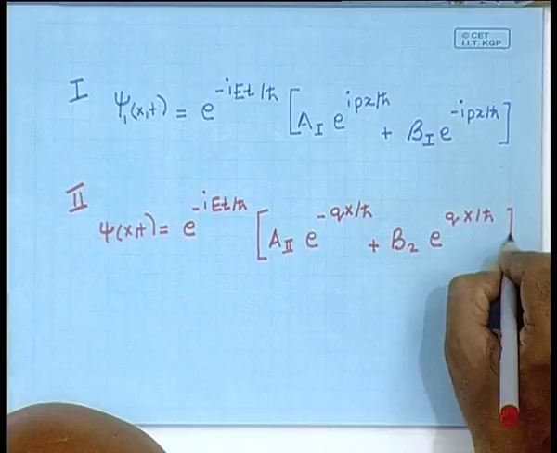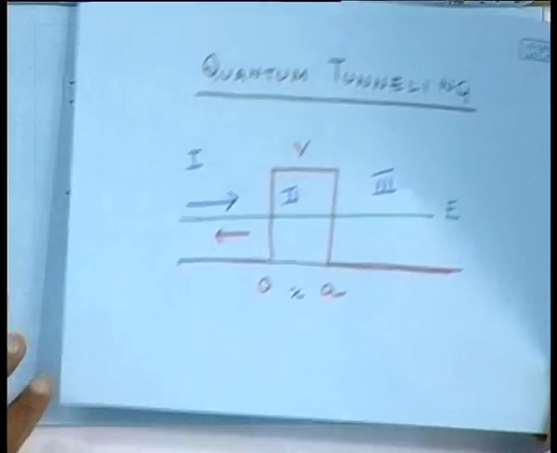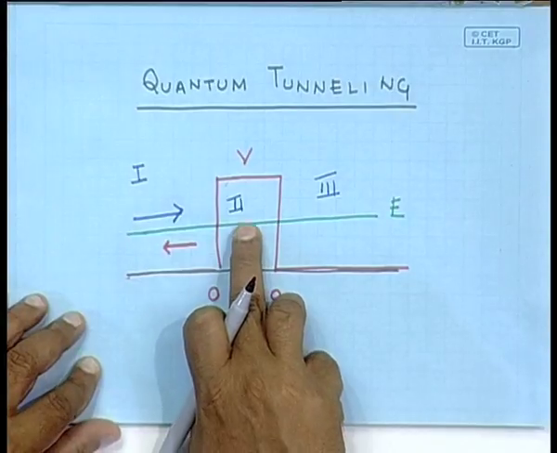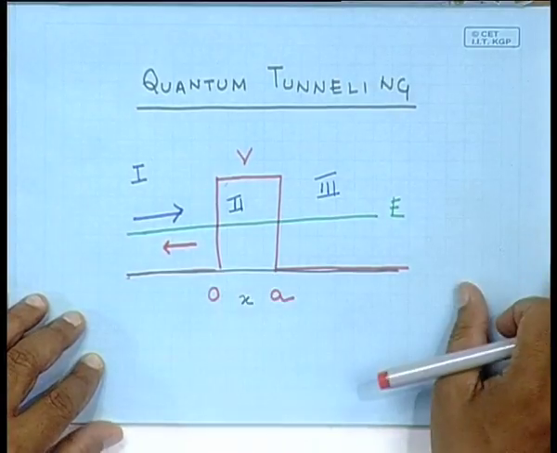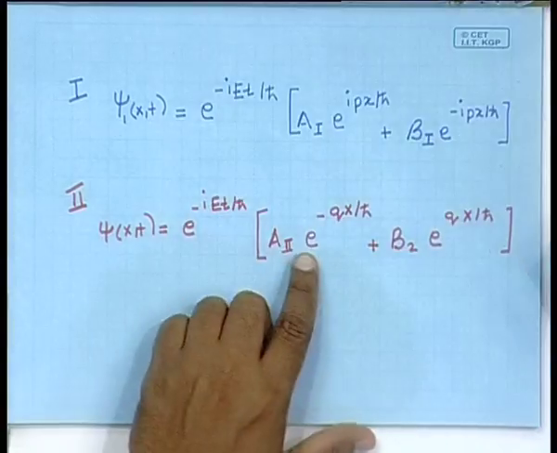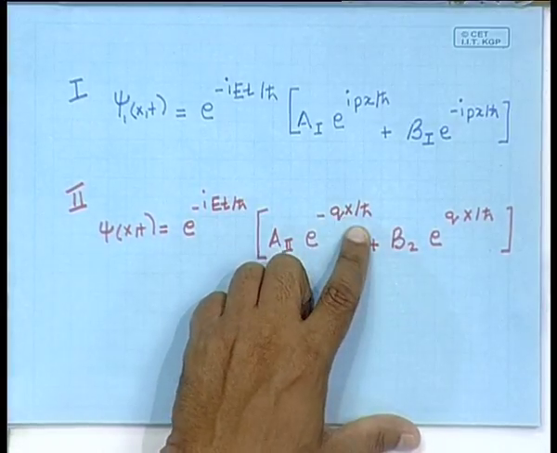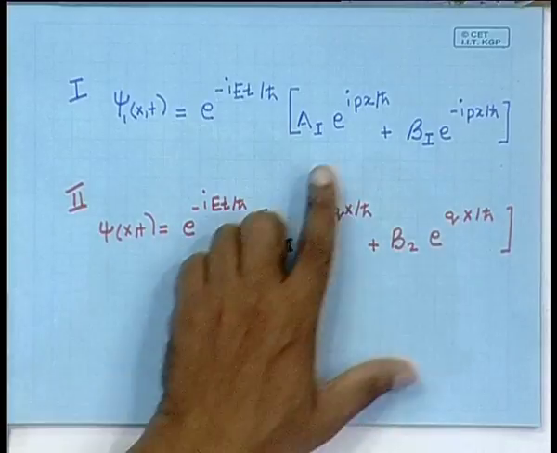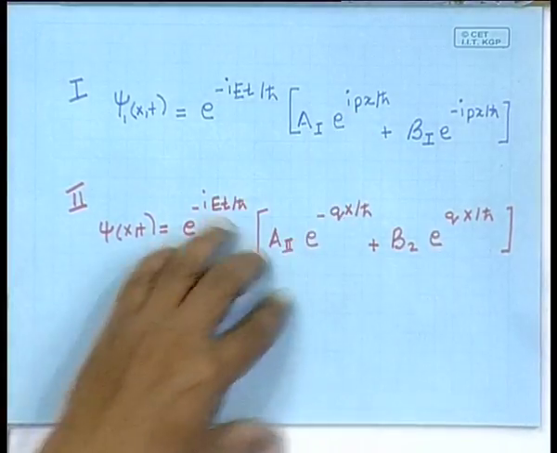There are two possible exponential solutions in this region, e to the power minus q x by h cross and e to the power plus q x by h cross.